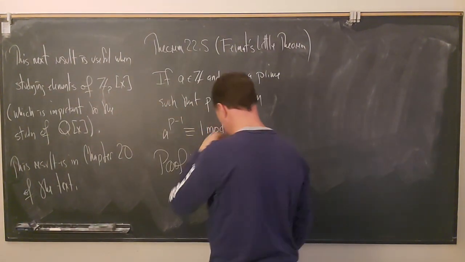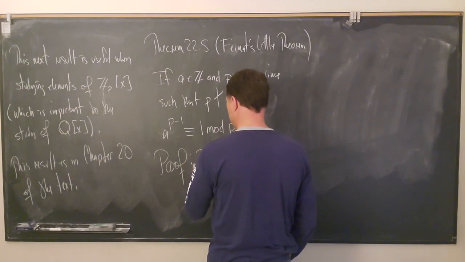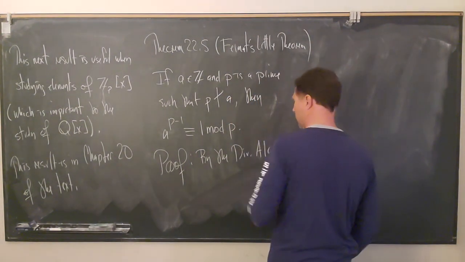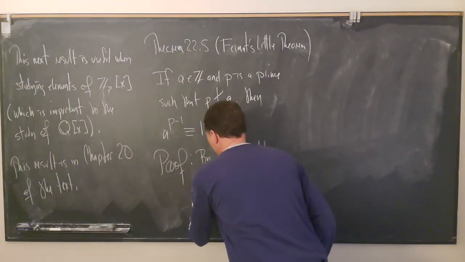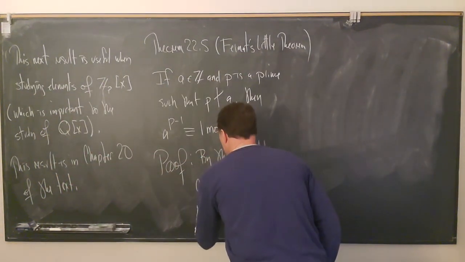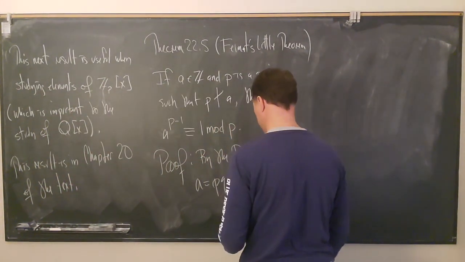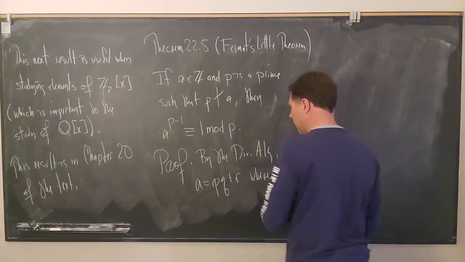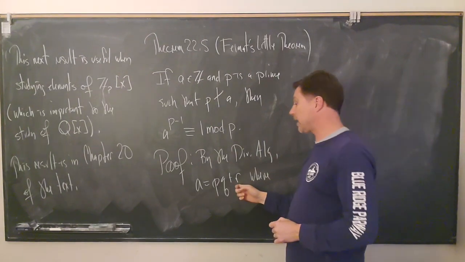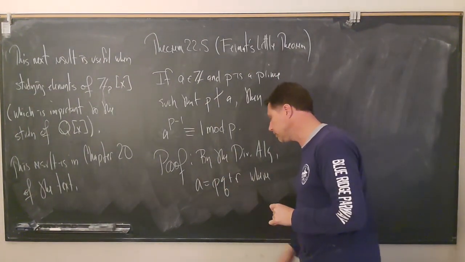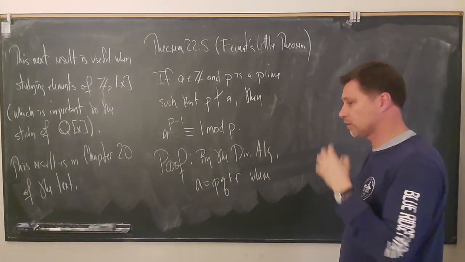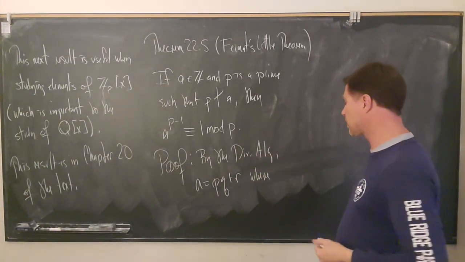What I want to do is apply the division algorithm. By the division algorithm, a is equal to pq plus r. The division algorithm says that the remainder has to be between 0, including 0, and strictly less than p.